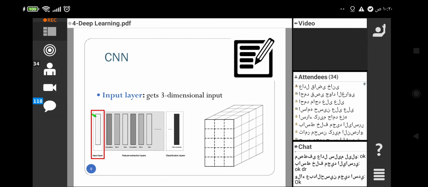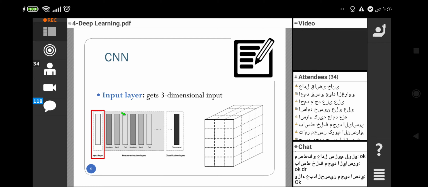Most of the time, we have multiple convolution layers. After each convolution, we usually have a ReLU layer or a normalization layer and a pooling layer. These are the different layers that we have in the feature extraction.